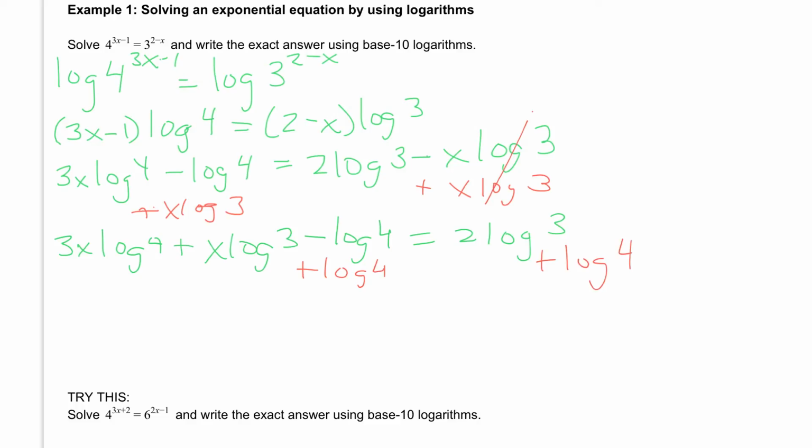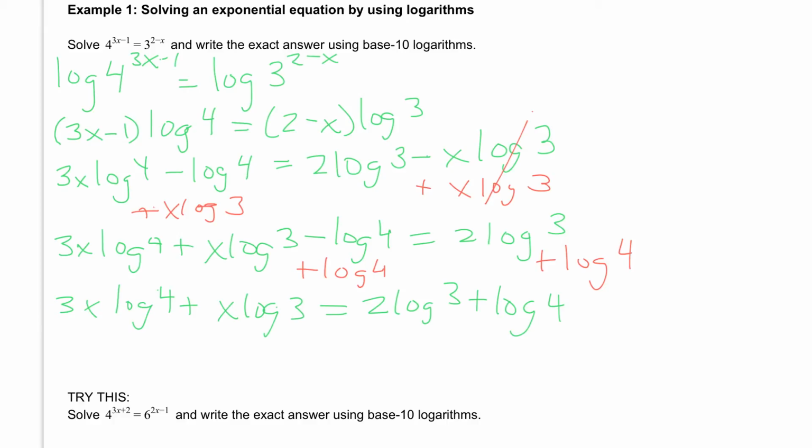So now I'm left with 3x times the log of 4 plus x times the log of 3 equal to 2 log of 3 plus the log of 4. What I did is I got my logs with the x's on one side and my logs without the x's on the other side.